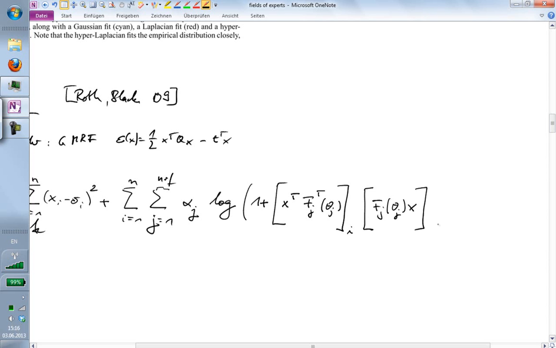I'm writing this quadratic form out just to make it look more similar to the kind of expressions that we had last week when talking about Markov random fields. So what is x? This is our vectorized set of hidden states. This is what we want to estimate.